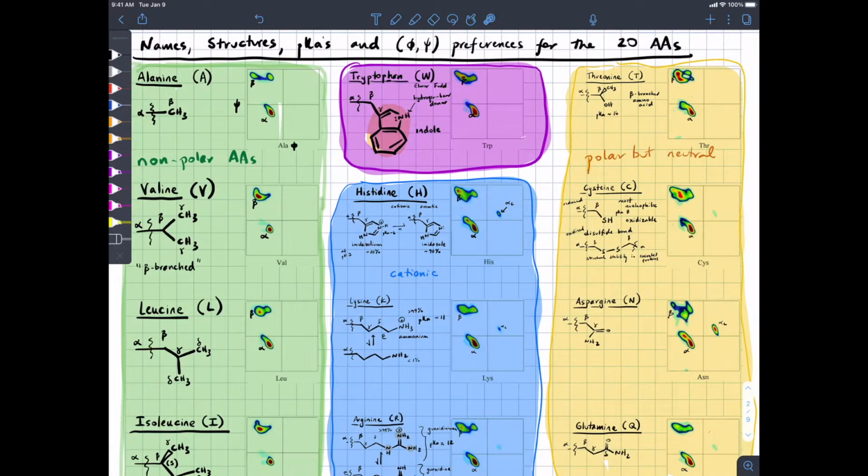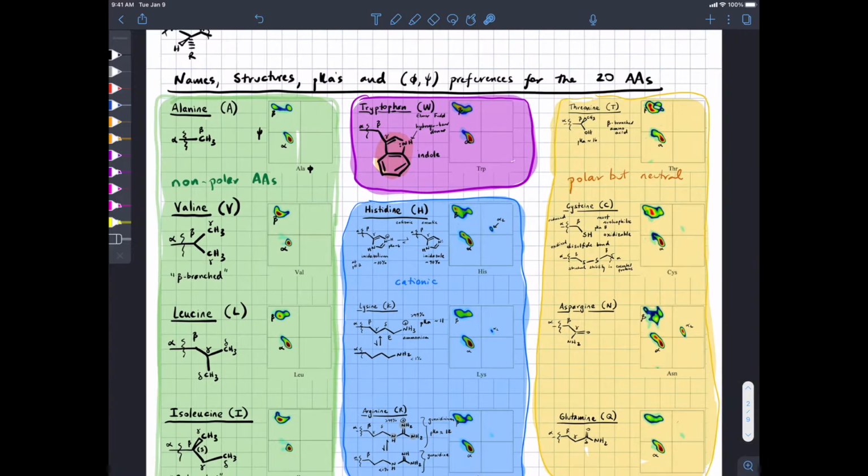So names, one-letter codes, and structures. They all have the same backbone structure, it's just the side chain that varies. I'm not going to bother writing all of them down one by one here because you can memorize on your own time. It's not like it's going to be that effective if we try to do it together.